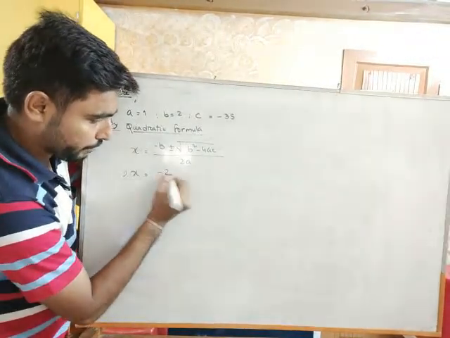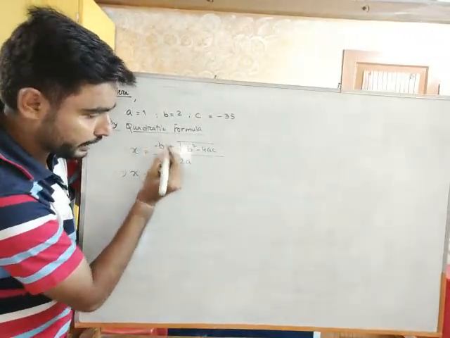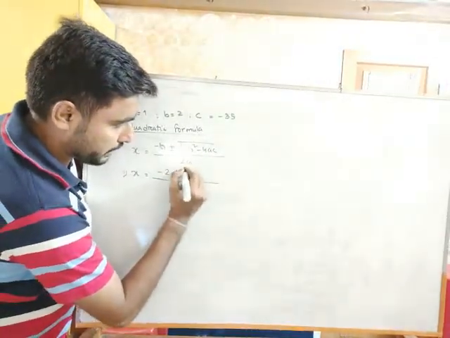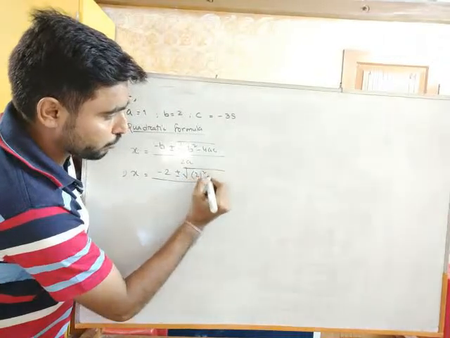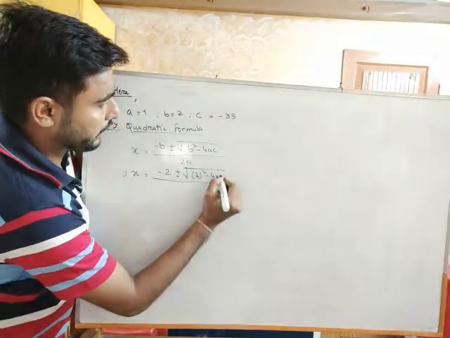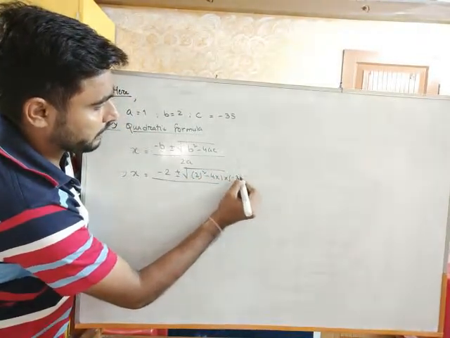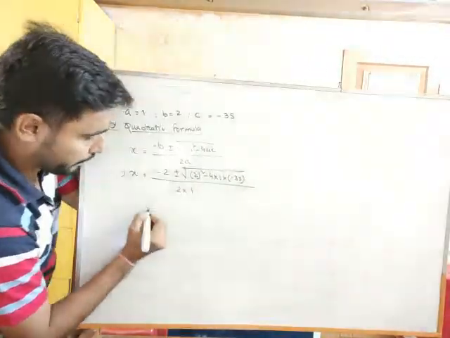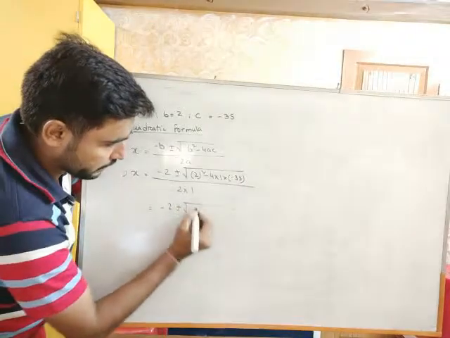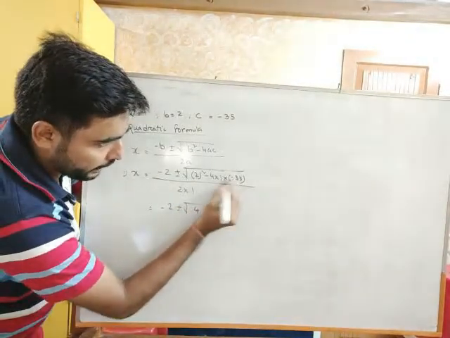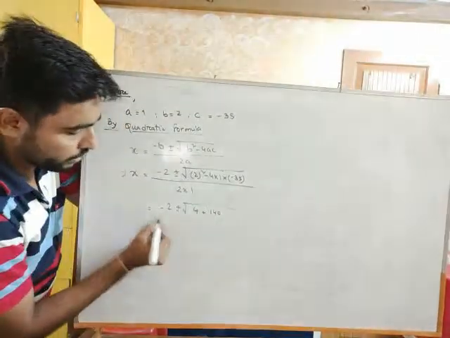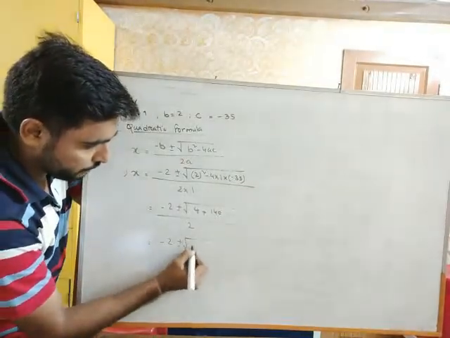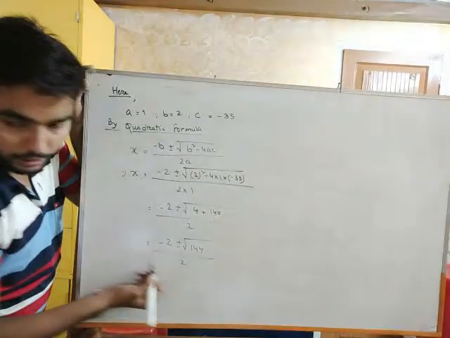Minus, the value of b is 2 and minus is already there in the formula. Then plus minus root of b square, that is 2 square, minus 4ac. a is 1 and c is minus 35, by twice a. a is what? 1. So minus 2 plus minus root of 2 square is 4, minus minus plus 35 into 4 is 140, divided by 2, so minus 2 plus minus root over 144 divided by 2.